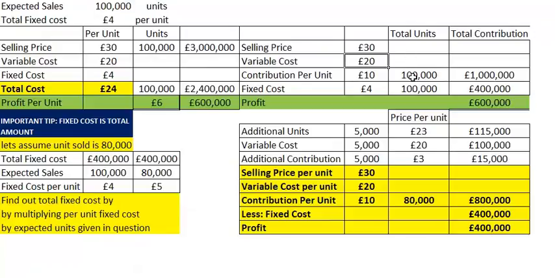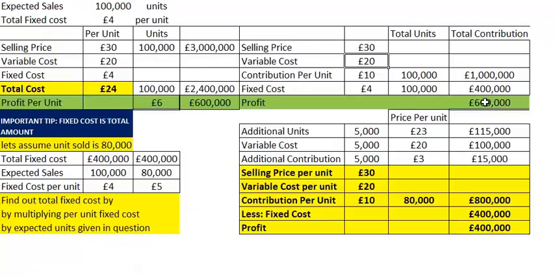Total number of units are 100,000. We multiply 100,000 unit by 10 pound per unit contribution. We get total contribution of 1 million. Fixed cost is 400,000. We deduct 400,000 from 1 million. We get profit of 600,000.